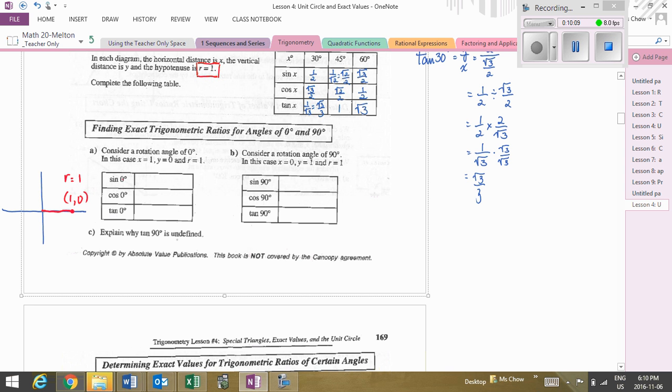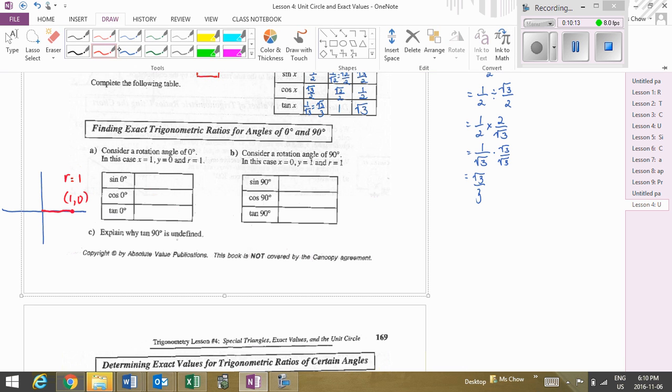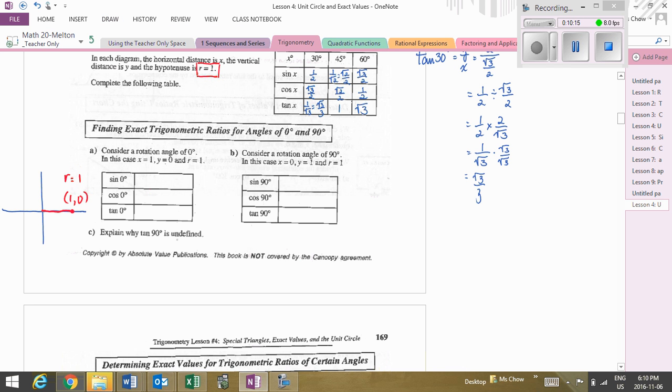So if we think about sine of 0, sine is equal to y over r, so that's 0 over 1, which is simply 0. Cosine of 0 is x over r, so that is 1 over 1, which is 1. Tangent of 0 is y over x, so that is 0 over 1. 0 divided by 1 is 0.